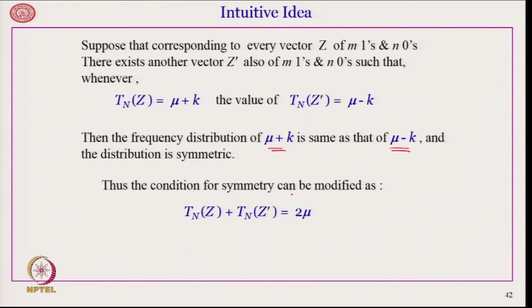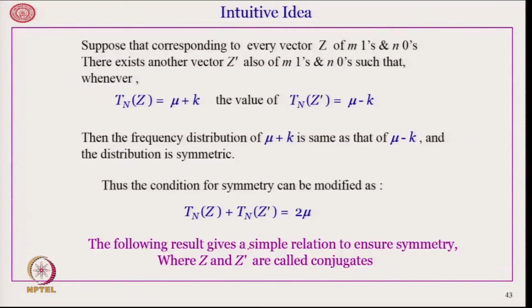Thus, the condition for symmetry can be modified as T_N(Z) plus T_N(Z prime) is equal to twice mu. So, whenever we get for each z another z prime such that T_N(Z) plus T_N(Z prime) is equal to twice mu, and that happens for all z, we can say that the distribution of T_N is symmetric.